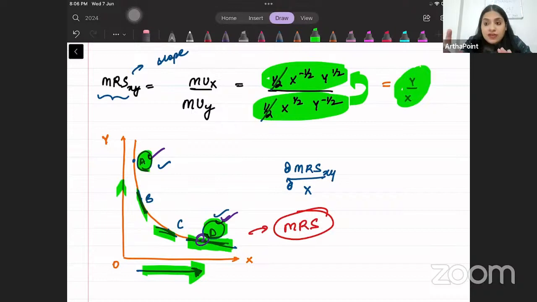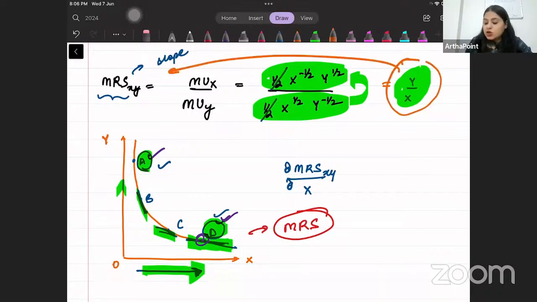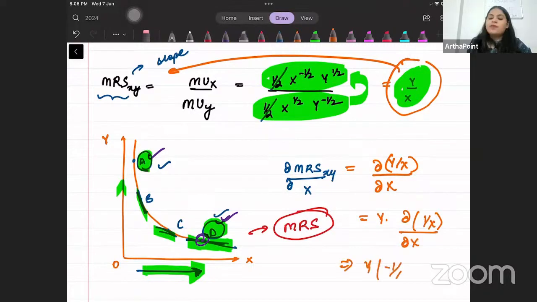Now, if I want to check whether this is diminishing or not, I must differentiate the slope with respect to X. So if I differentiate Y by X with respect to X, but Y is a constant, so differentiation of 1 by X with respect to X is simply minus 1 by X square.